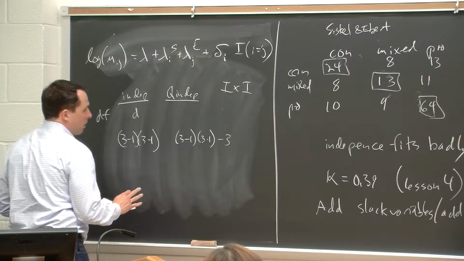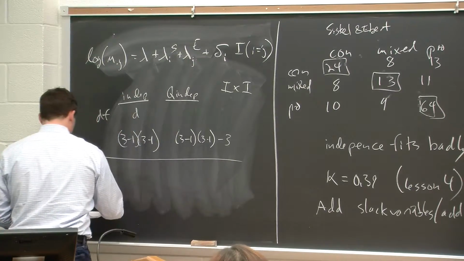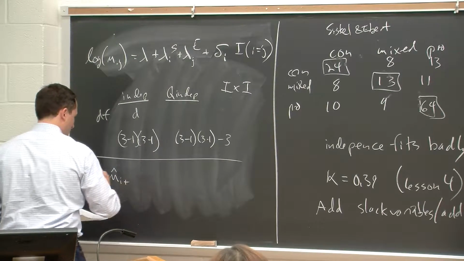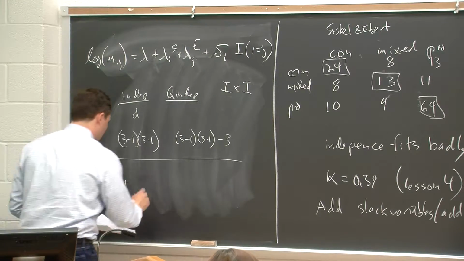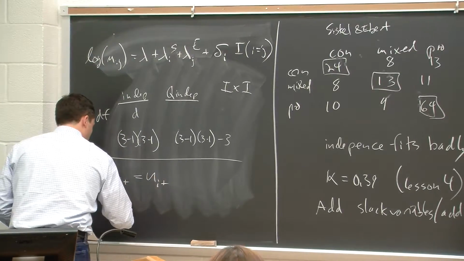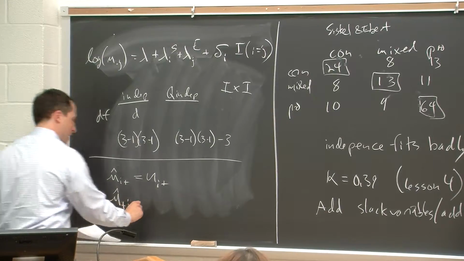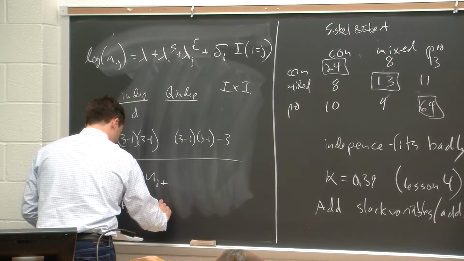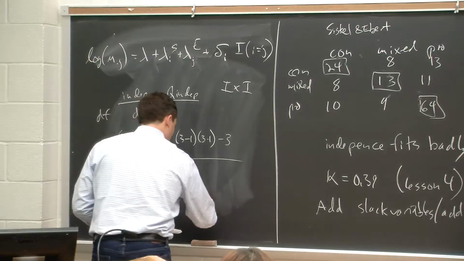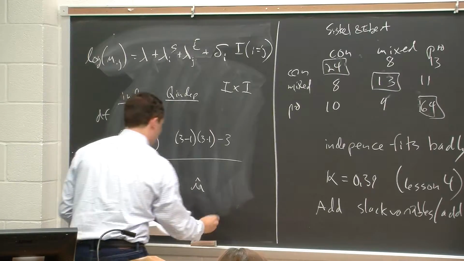So second question. Obviously we want our estimated mu i plus to be equal to n i plus. We want mu plus j, so the marginals for the rows and the marginals for the columns, to match exactly. And then we have this additional requirement that we'd like all of the diagonal entries also to match exactly, so these are the constraints that correspond to the parameters.